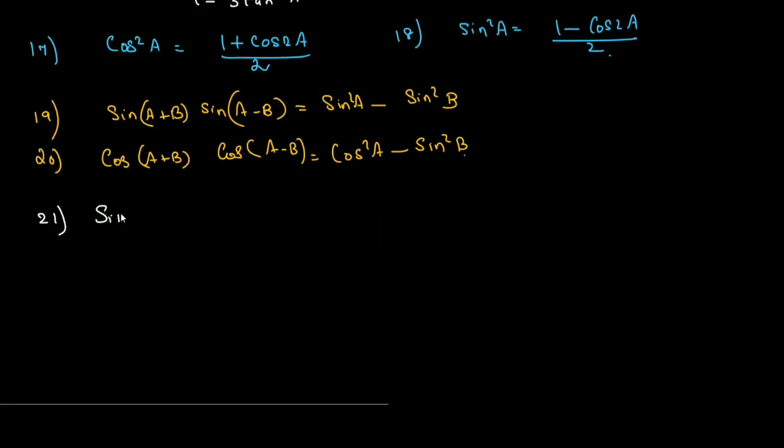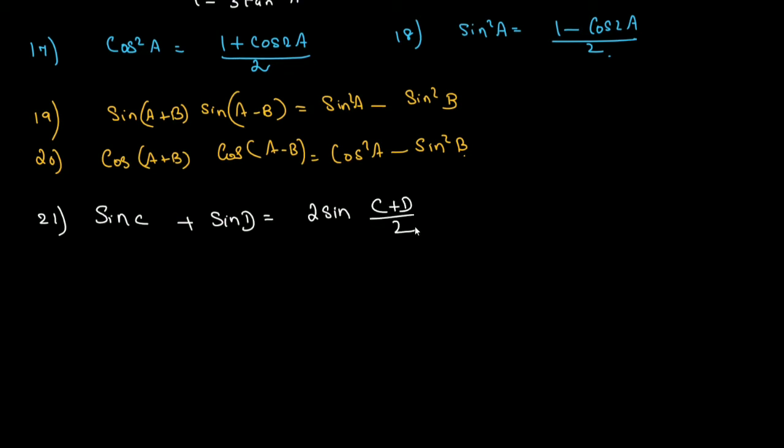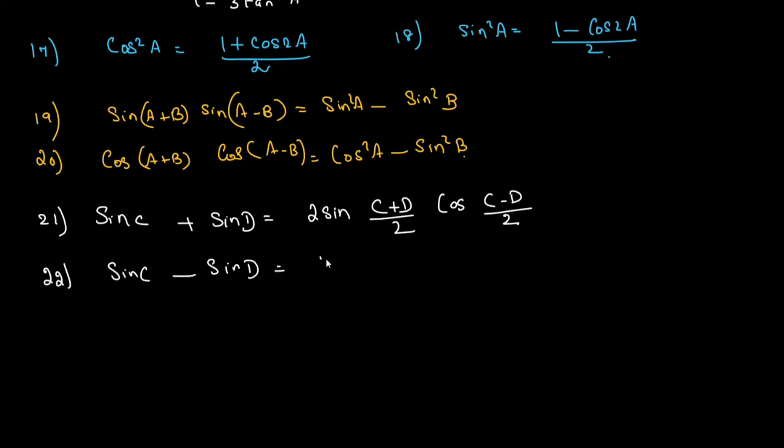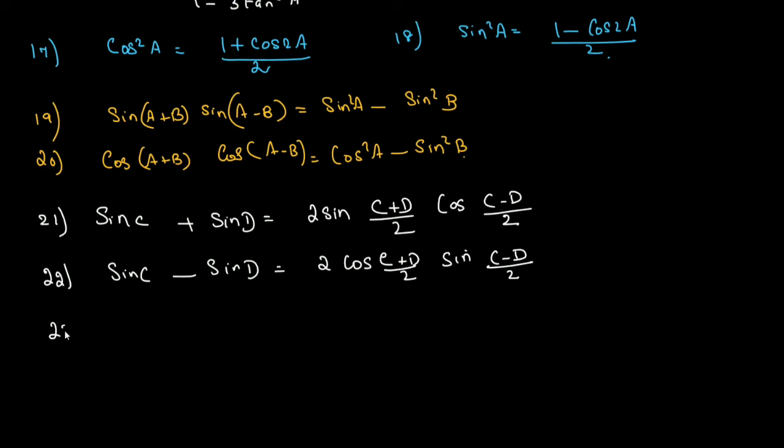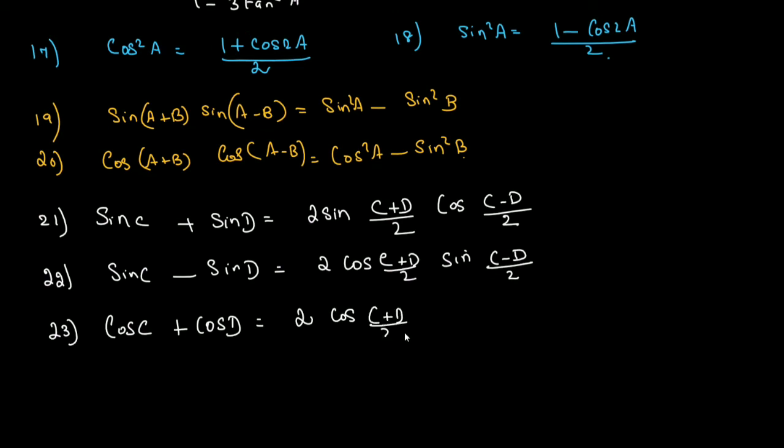21st one: sin C plus sin D is 2 sin((C plus D) by 2) cos((C minus D) by 2). 22: sin C minus sin D is 2 cos((C plus D) by 2) sin((C minus D) by 2). 23: cos C plus cos D is 2 cos((C plus D) by 2) cos((C minus D) by 2).